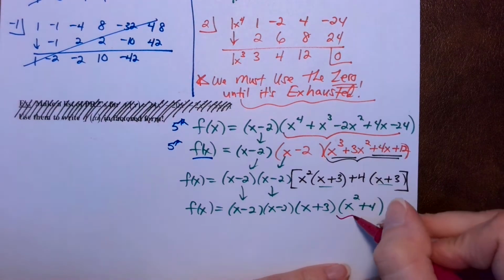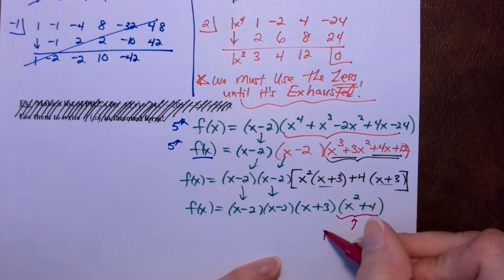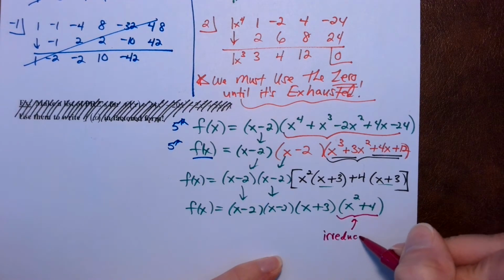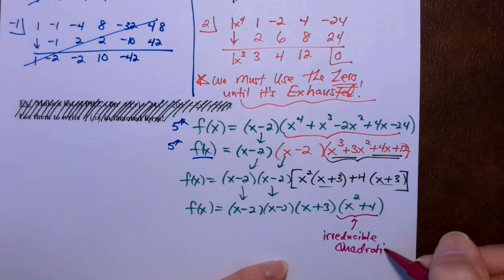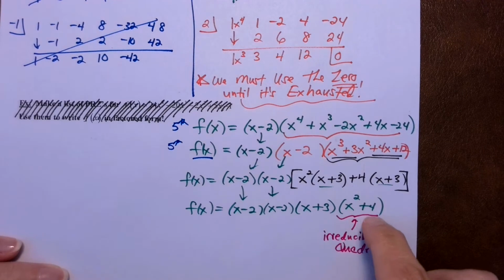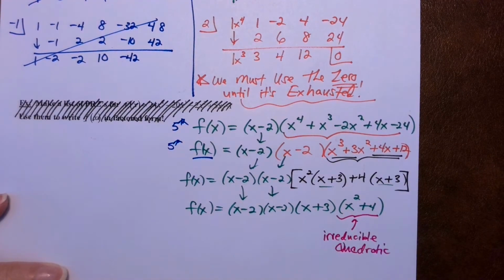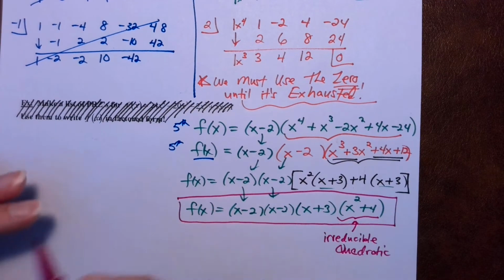The answer is no. If it was a difference of squares, yes. But we call this an irreducible quadratic. I really wanted to keep going until I found all 5, but this one does not factor. So this is as much as I can factor it over the reals.